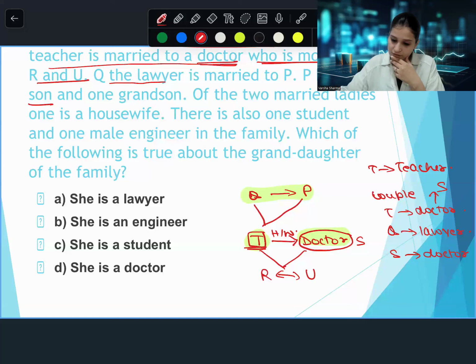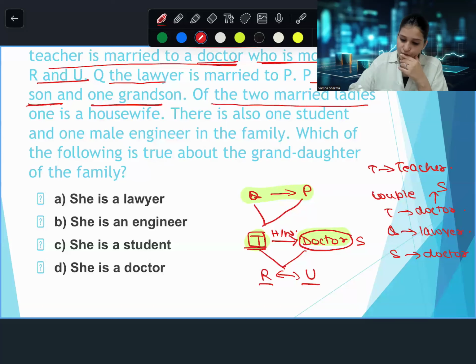Understood, ma'am. Next. P has one son and one grandson. That means out of R and U, one is male, one is female. Of the 2 married ladies, one is a housewife. We already know that the doctor is a female lady and she is S. That means out of P and Q, whoever is the wife is a housewife.